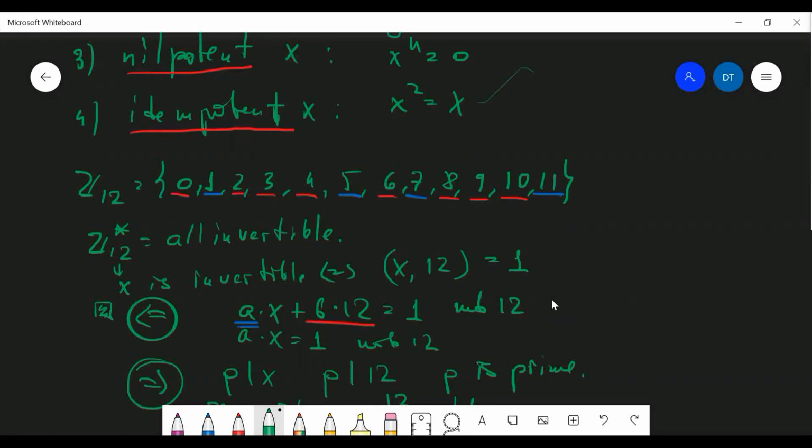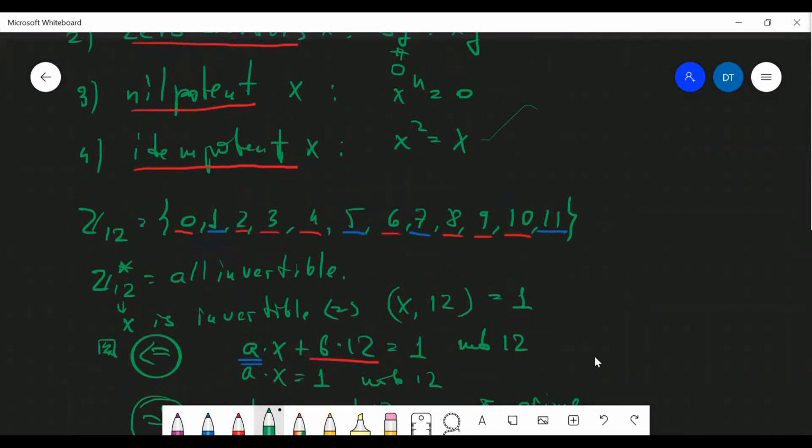Okay, so now how do we find all the nilpotent elements? Well, first of all, we know that nilpotent elements are always 0 divisors. So we just need to go through all the red elements and check if this element becomes 0 or not after raising to a power.